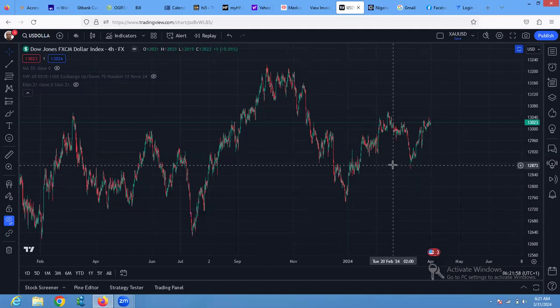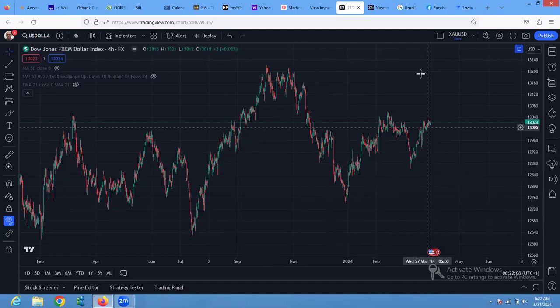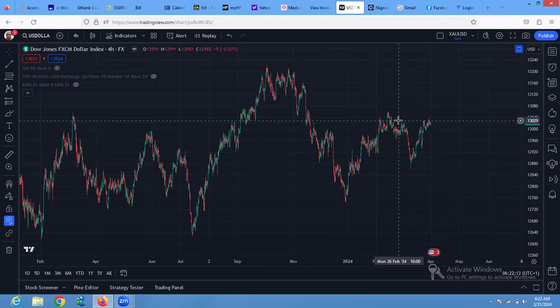Are we done? At least with the way it's building up, we should have like a 3-wave correction here. Now, if you connect this up here, it means that this part is done. This part is done.